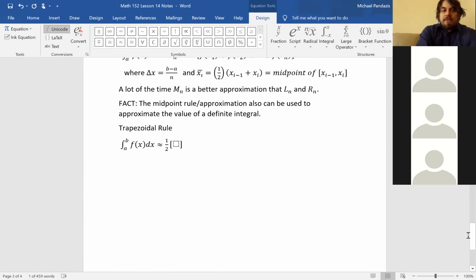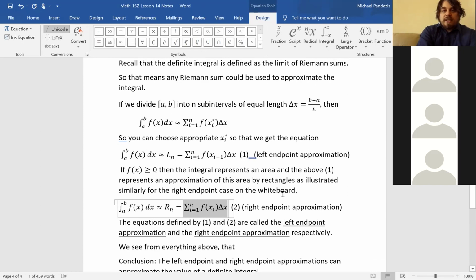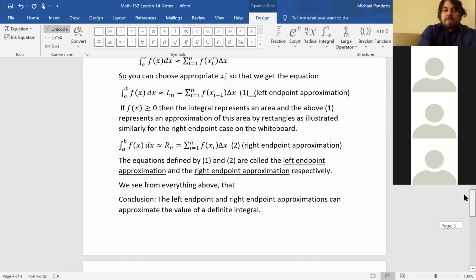Let me put it this way. You can take the left endpoint approximation, which is that, plug that in here, and add to it the right endpoint approximation.